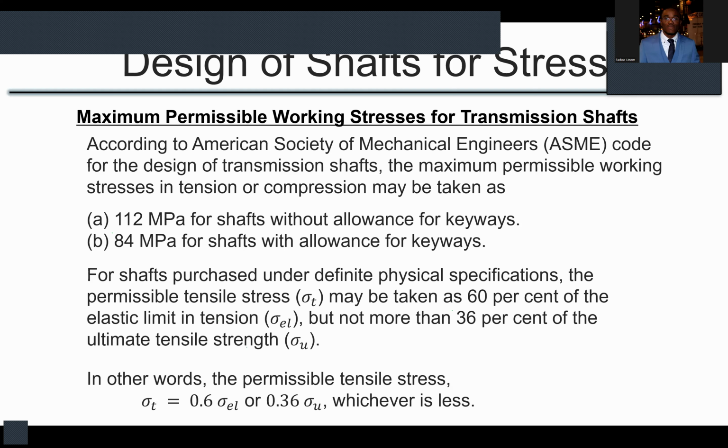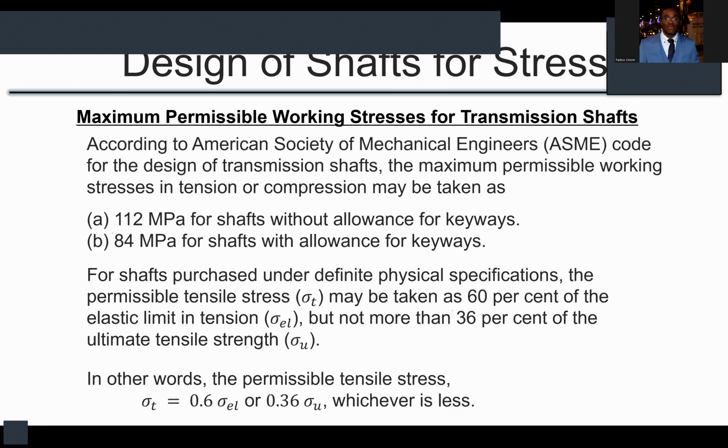Or if your shaft is going to have allowance for keyways, then your stresses are not allowed to go beyond 84 megapascals. So you see that it is lower. That tells you that your introduction of a keyway will reduce the strength property of your shaft. Okay?